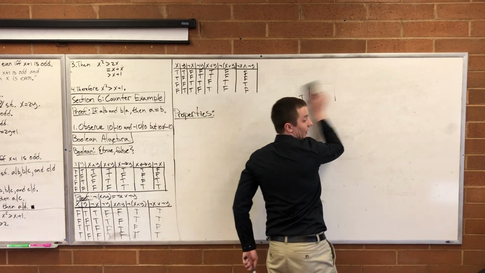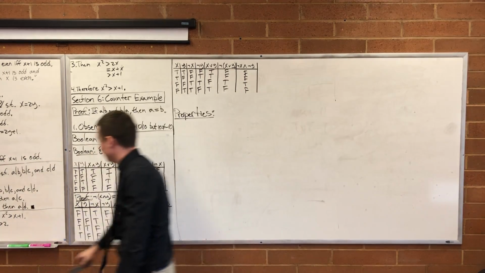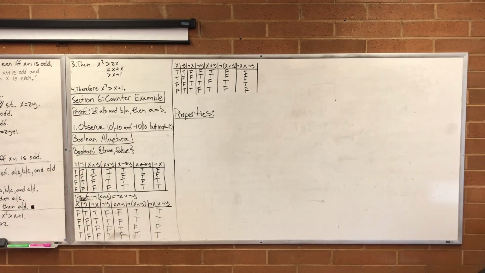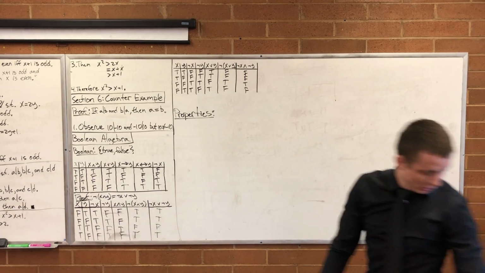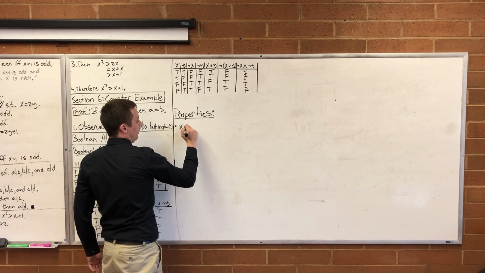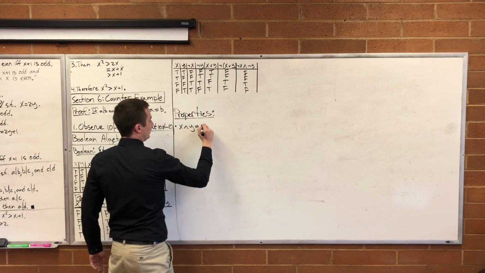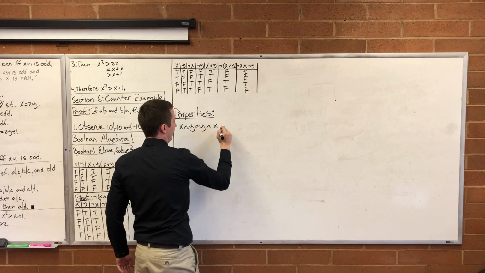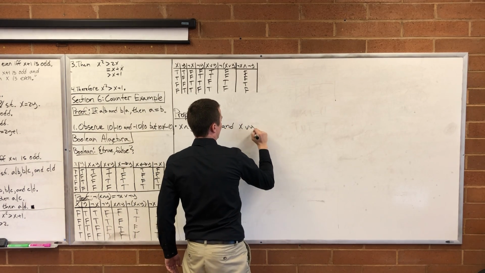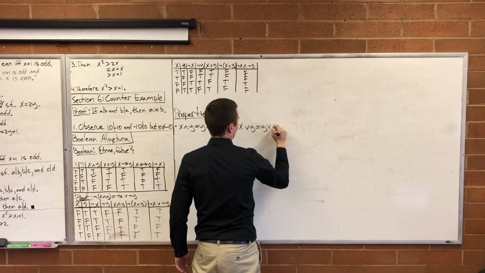So let's list out a bunch of expected properties. All of these things can be proved with truth tables, but we're not going to prove them all. So all the properties that they have: x and y is equal to y and x, and x or y is equal to y or x.